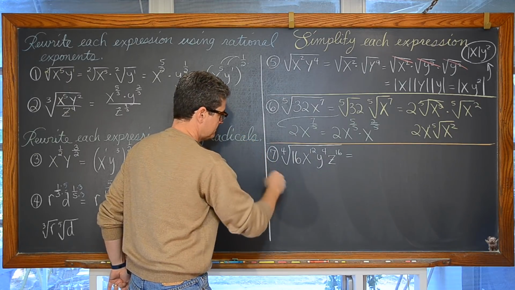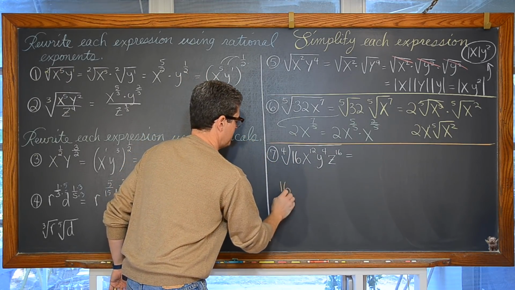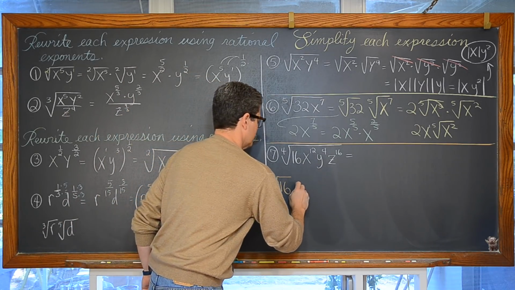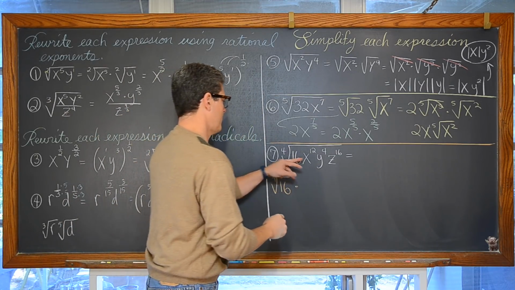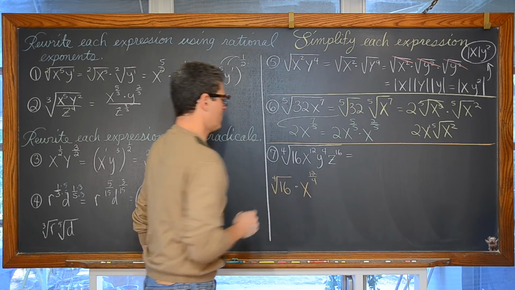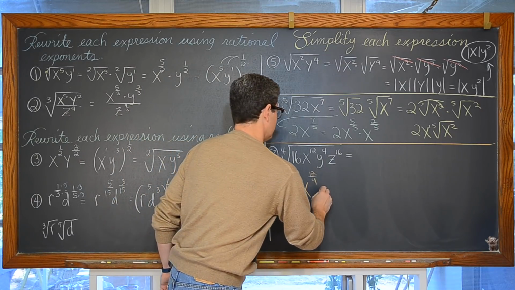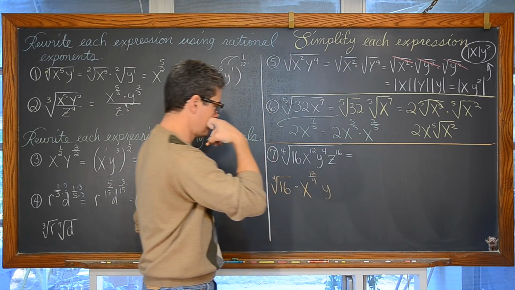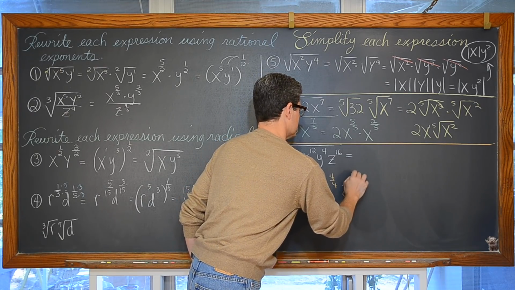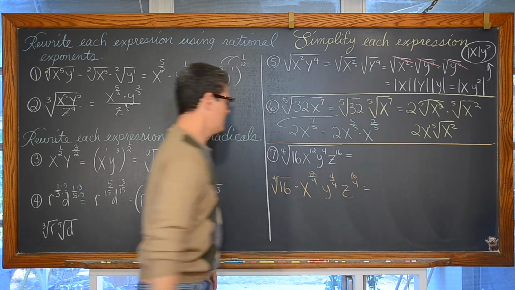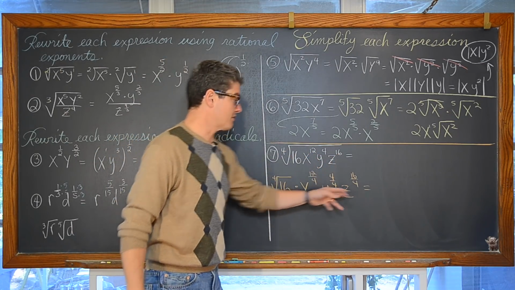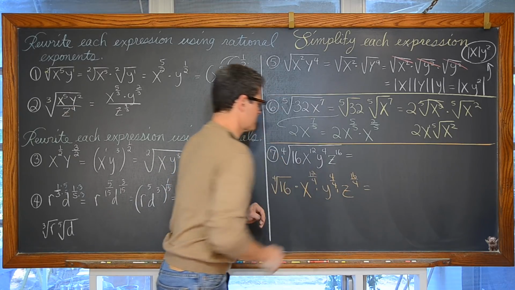Except for the 16, the fourth root of 16, because that's going to come out to an even number, so I'm going to leave it in radical notation. We have x to the 12 over 4, y to the 4 over 4, and z to the 16 over 4, giving that index to each of these 4 factors, not 4 terms.